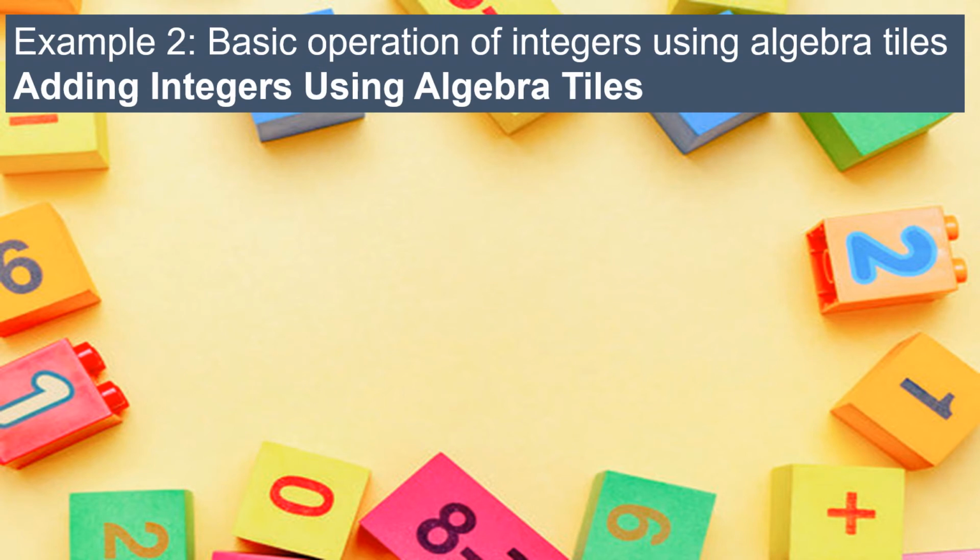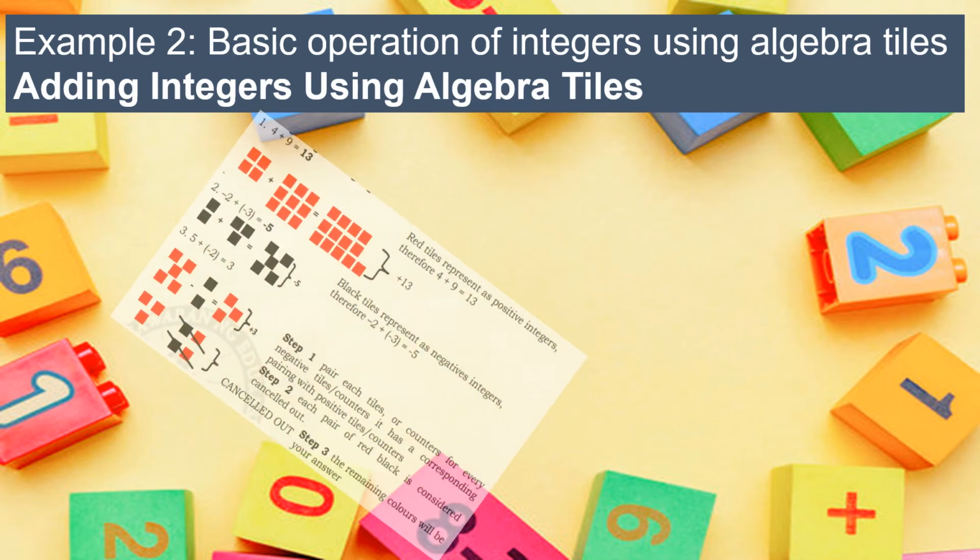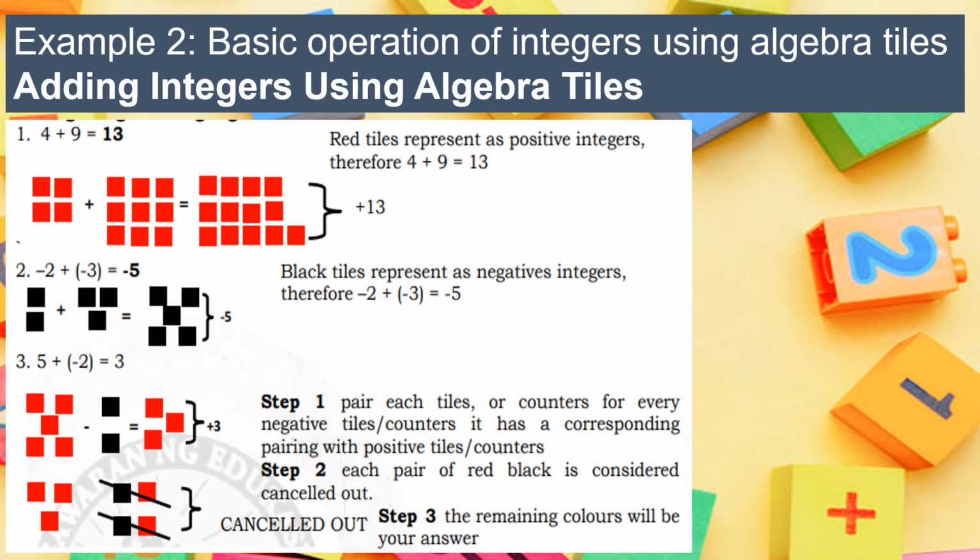Next, example 2, basic operation of integers using algebra tiles. Adding integers using algebra tiles. So, number 1, 4 plus 9 equals 13. So, red tiles represent positive integers. Therefore, 4 plus 9 equals 13.